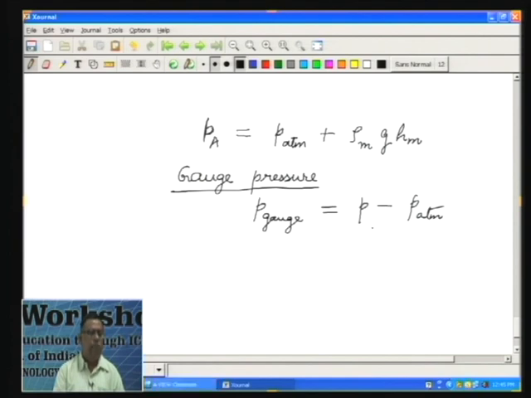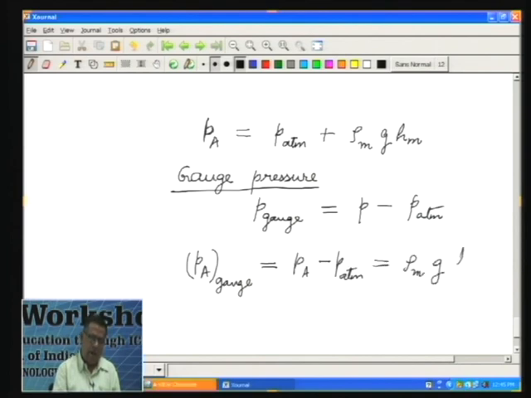If P gauge is positive, it means the pressure is above atmosphere, and if the pressure is atmospheric pressure, then the P gauge is 0. So, if you want P A gauge, by definition that is P A minus P atmosphere, which is simply rho m g H m. So, by measuring H m you can find the gauge pressure.